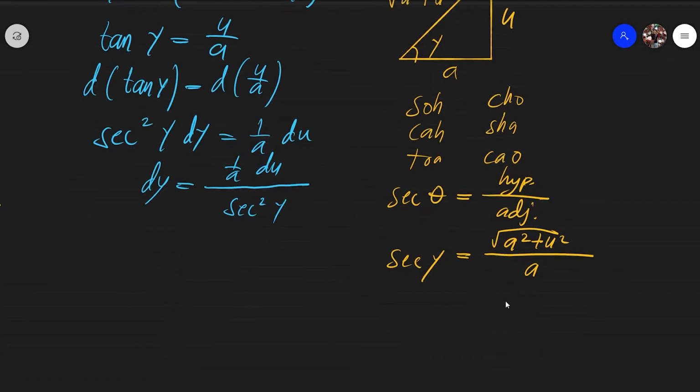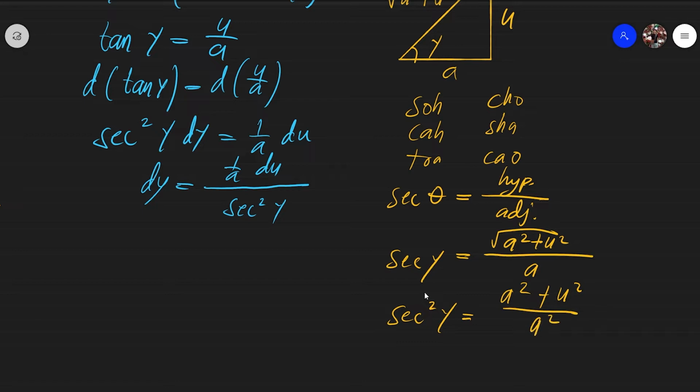So this is the value for secant y. What we need is secant squared y, so you just need to raise this to the power of 2. So your secant squared y is actually equal to a squared plus u squared all over a squared.